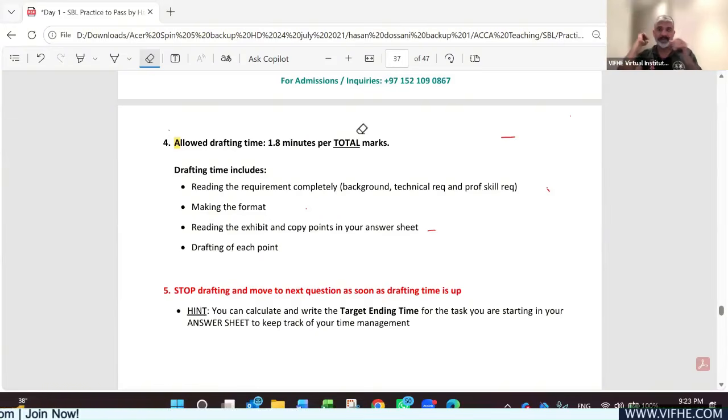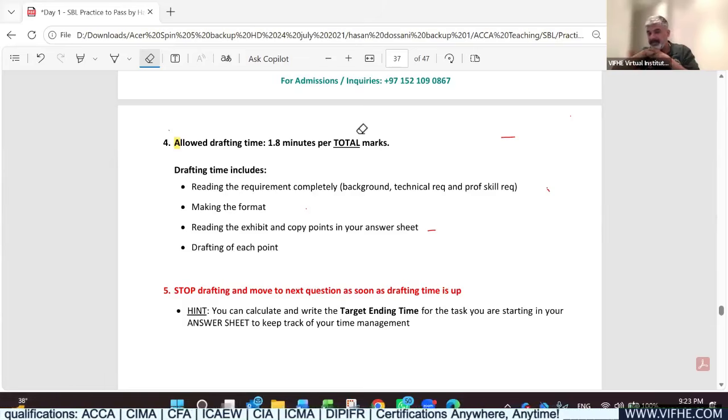Is that clear, guys? When I say you have to leave it, what does it mean? When I say you have to leave it as soon as the allowed time is up, you have to leave and move on to the next question. Leave it means at least complete that one point which you are in the middle of drafting.